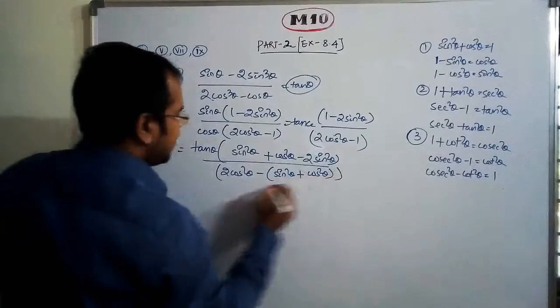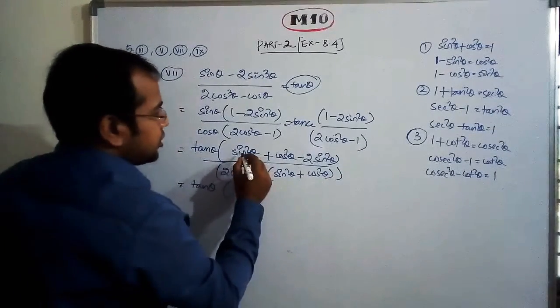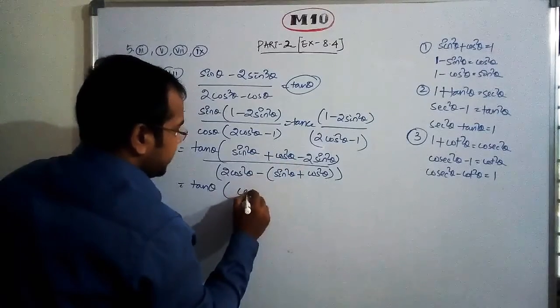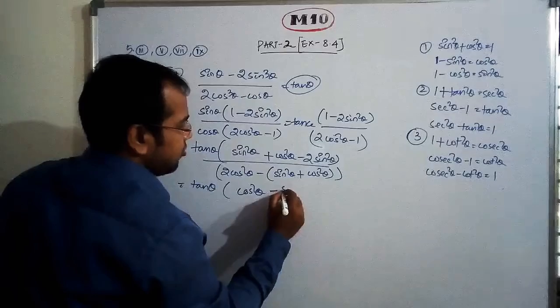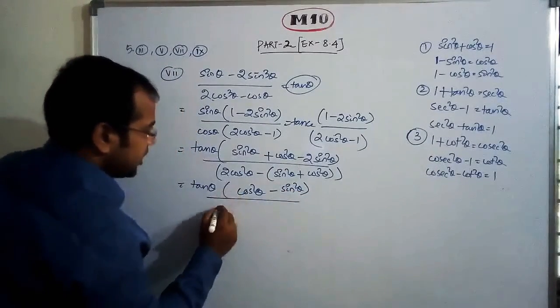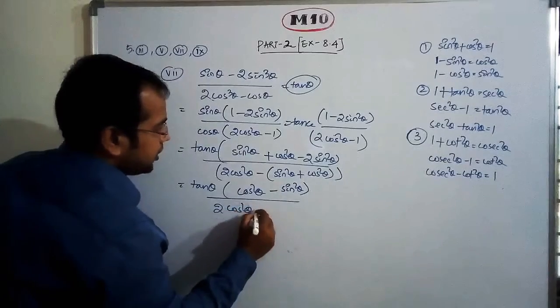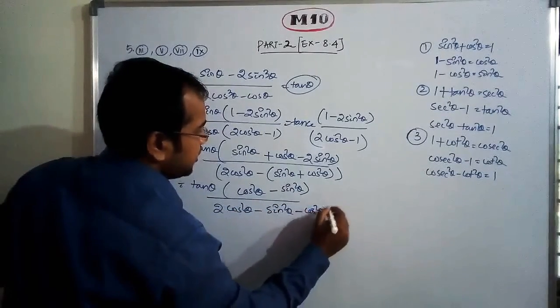Now see, tan theta into, this is cos square theta, sin square theta minus 2 sin square theta will give you minus sin square theta. Here you have 2 cos square theta minus sin square theta minus cos square theta.